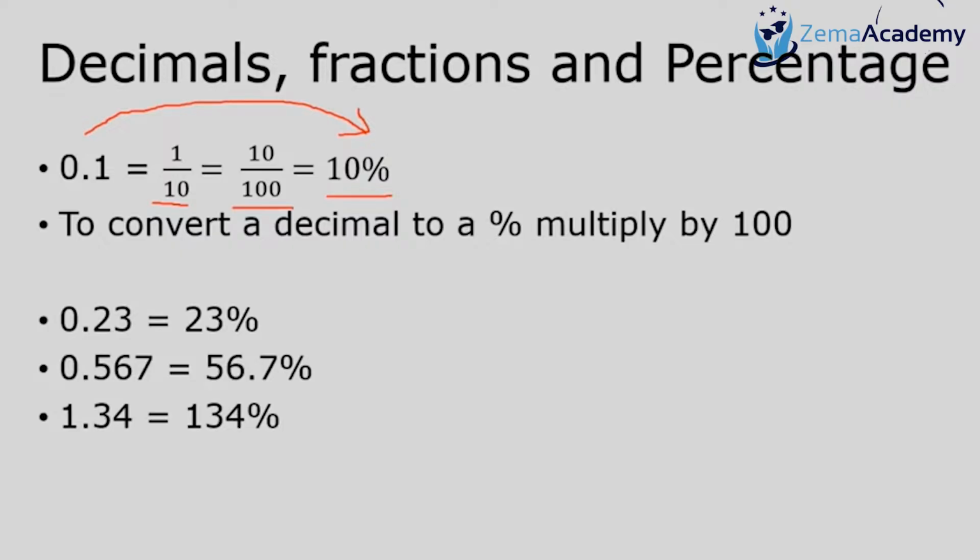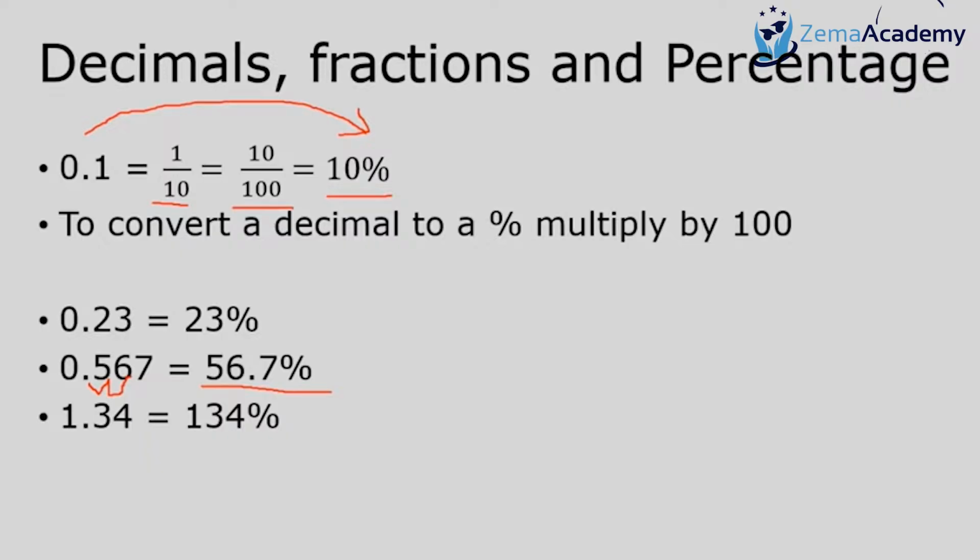So here are some other examples. 0.23 as a decimal, if I want to convert that to a percentage, is 23%. Slightly more complicated, 0.567 as a percentage, multiplying by 100, I move that decimal place 2 points, and I get 56.7%. Again, remember to keep that percent symbol if you're doing this method. The final example I have is 1.34.